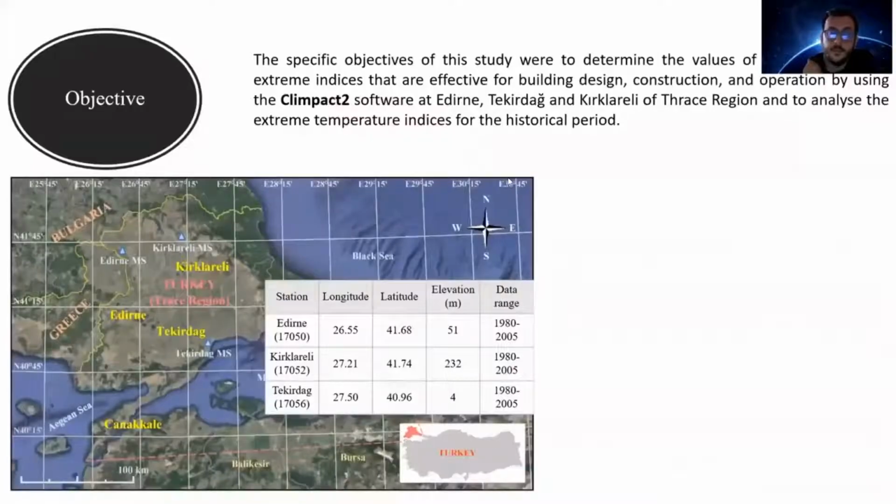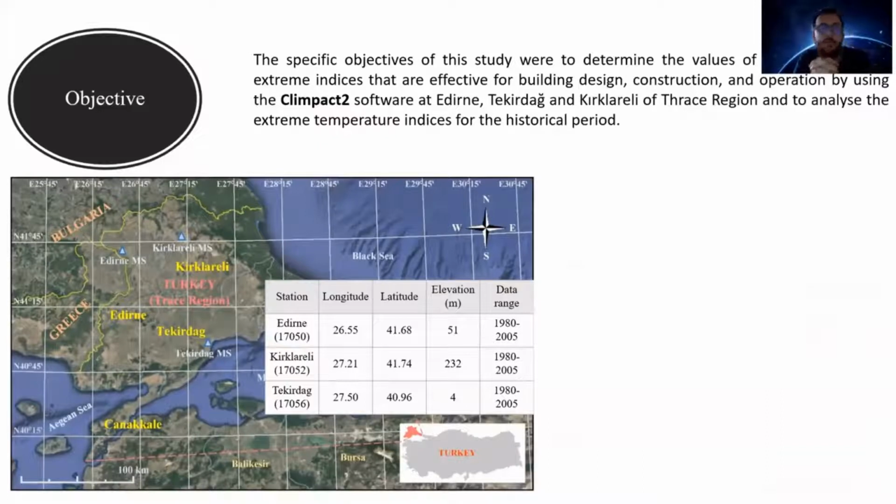We'll start by analyzing the behavior of the observed period. But how can we do that? To do this, we use extreme temperature indices, which can be effective in all phases of buildings, from design to construction and operation.